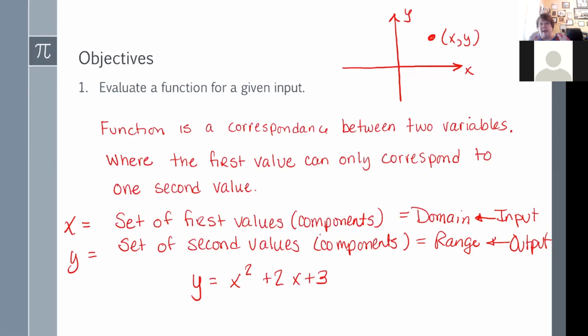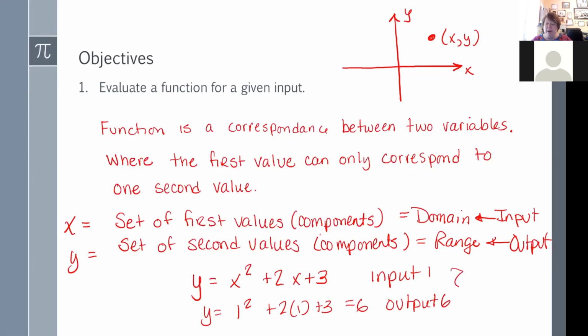A function takes some input, you plug it in for your variable, whatever that input is, and then you get an output. So for this function, if we input 1, we output, is that 6?